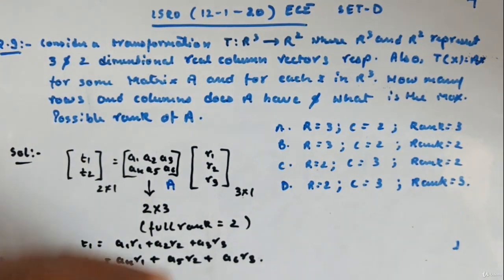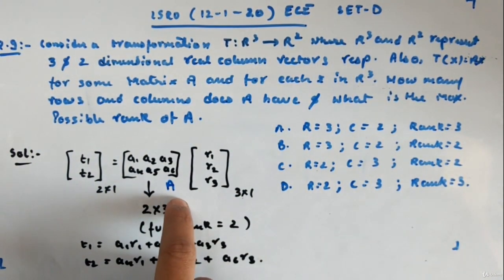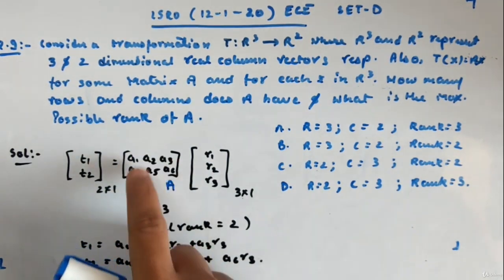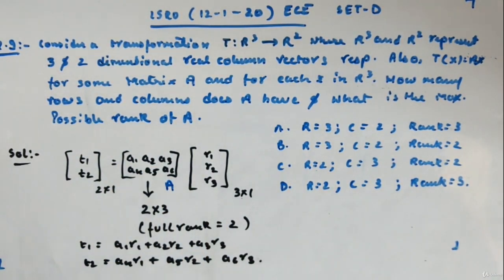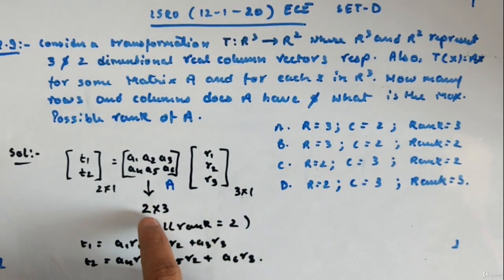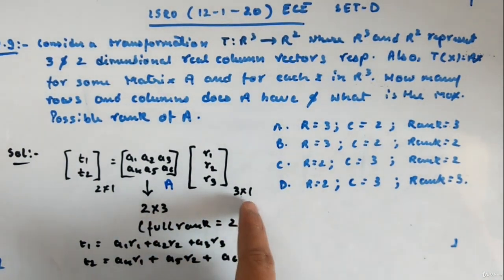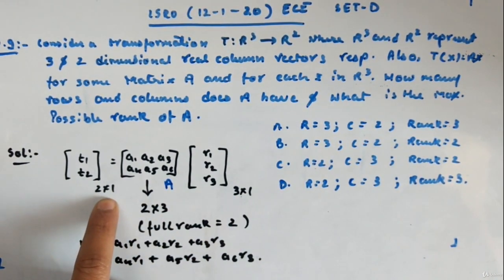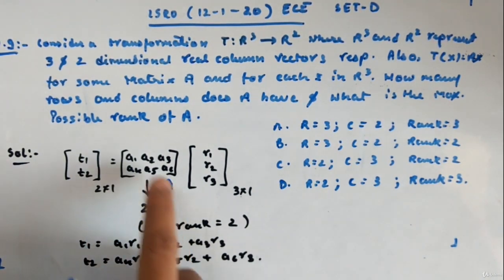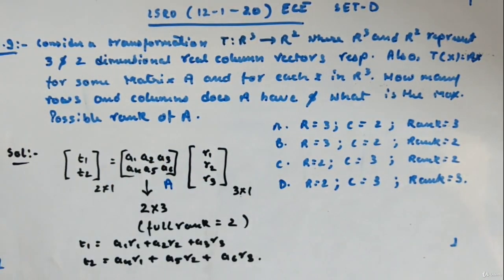So whatever the values will be inside A, its size should be 2 cross 3. Why 2 cross 3? Because 3 will get cancelled and 2 cross 1 we will get at the output. And we want a 2-dimensional vector, so that's why it should contain 3 columns and 2 rows.